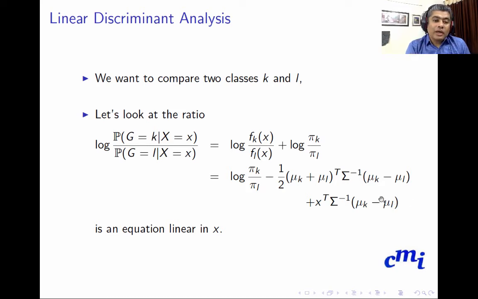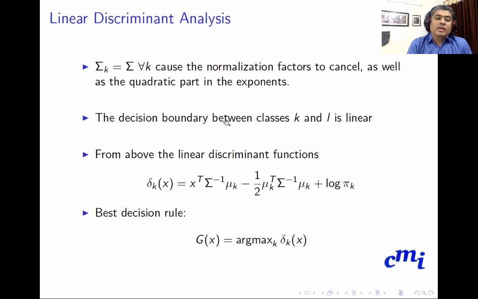That is why it is called linear discriminant analysis: my discriminant function becomes a linear equation in x. In linear discriminant analysis, setting sigma_k equal to sigma for all k causes the normalization factor to cancel, as well as the quadratic part in the exponent.